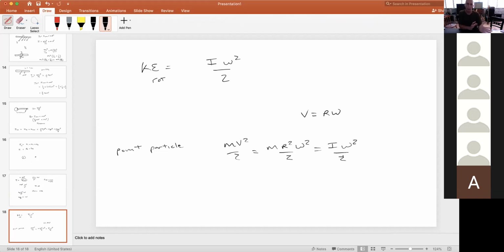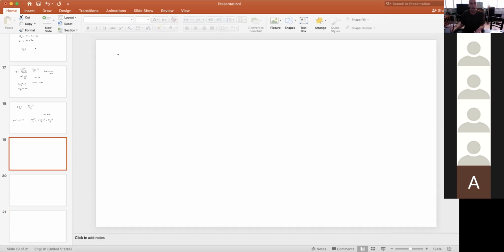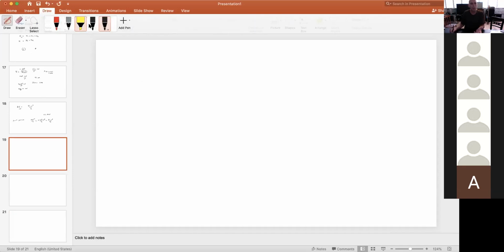So what that means is for an object that's rotating, let's say I have a block that's sliding along a surface. We would say the energy of this block, it has no mgh, it has no spring, so this would just be mv squared over 2, right?